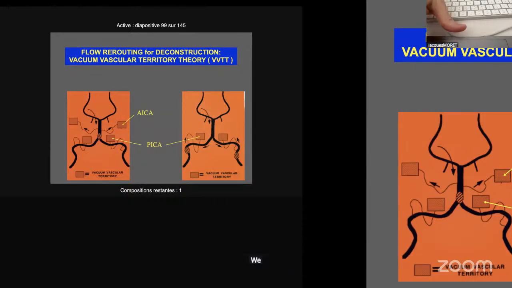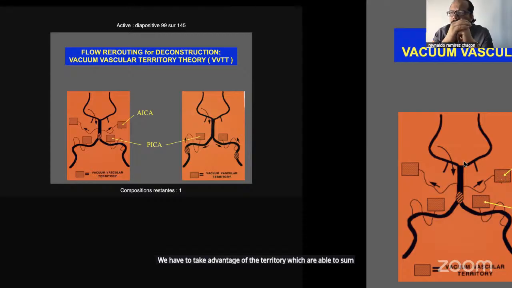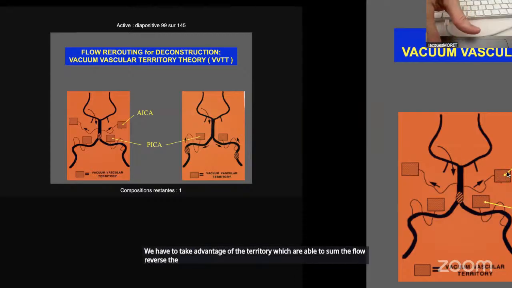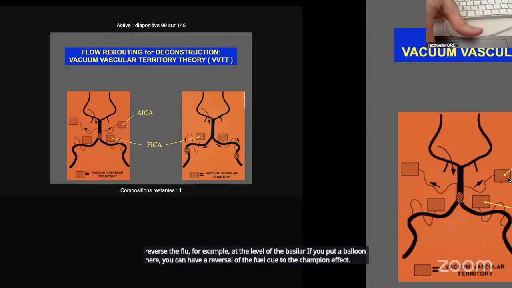take advantage of the territory which are able to sump the flow, reverse the flow, for example, at the level of the basilar. If you put a balloon here, you can have a reversal of the flow due to the sumping effect of the ICA territory.